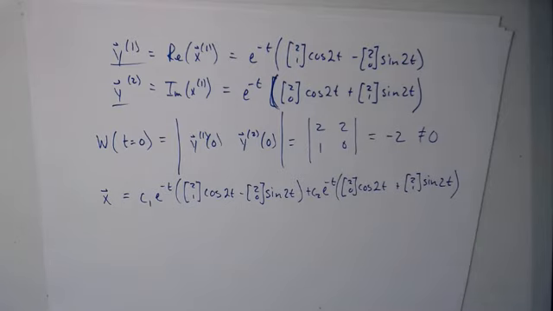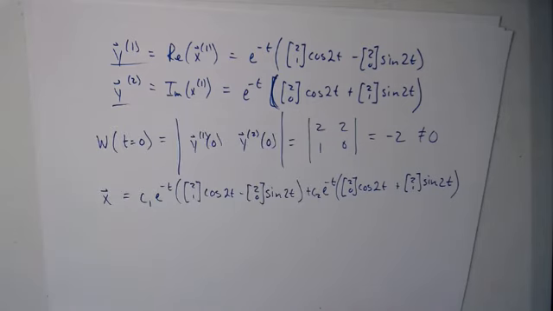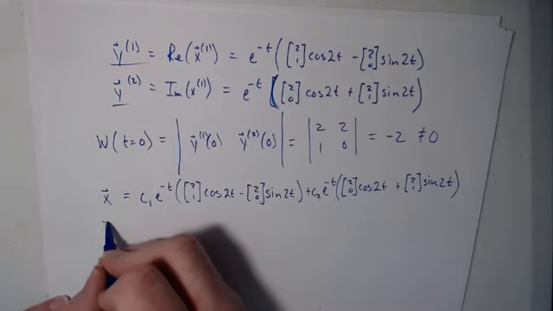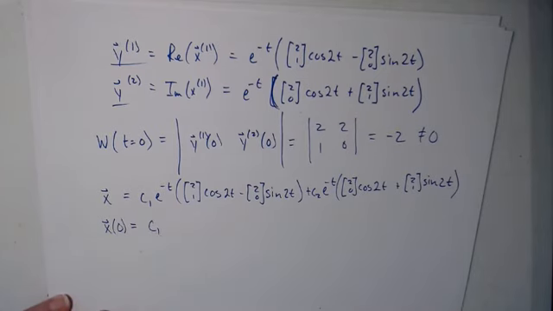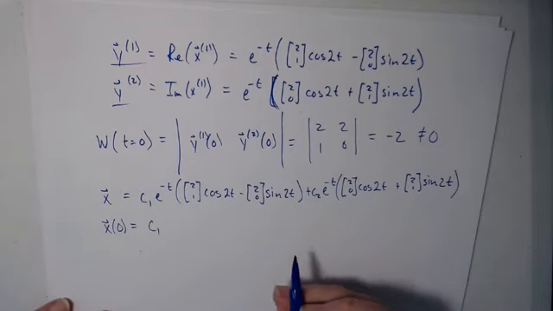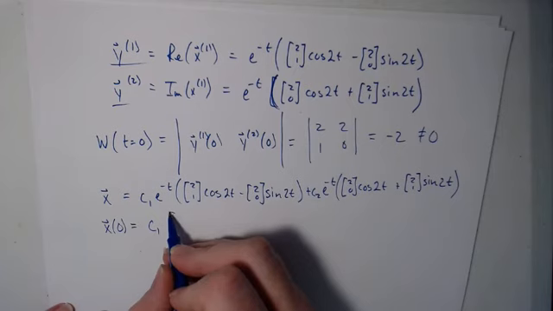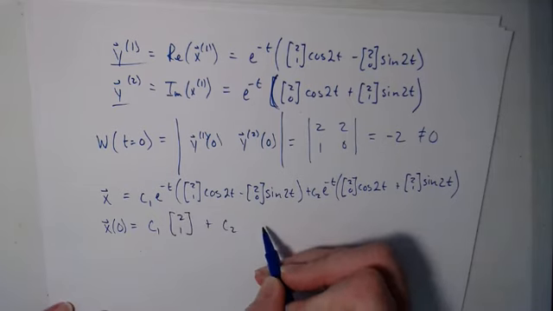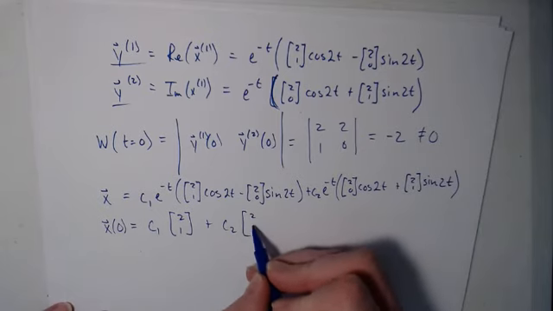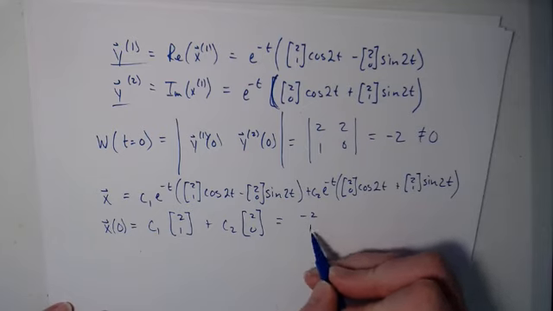Now, we had an initial condition. That's back two pages, hang on. Our initial condition was that x of 0 equals negative 2, 1. So x of 0 is equal to c1 times 2, 1 plus c2 times 2, 0, and it was equal to negative 2, 1.